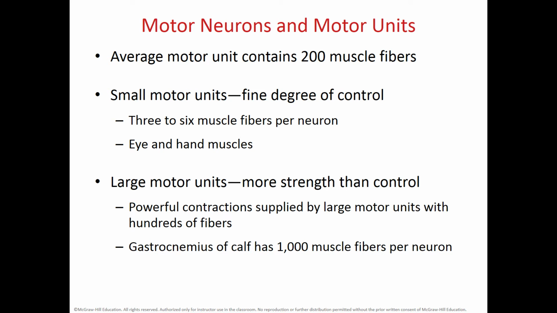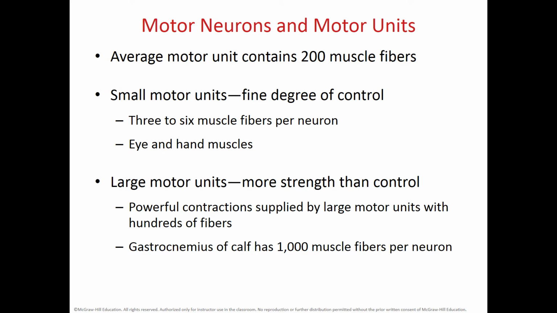So each individual motor neuron will innervate 3 to 6 muscle fibers. And these neurons will have greater control over those muscle fibers. And these will be located in areas of the body where we produce fine control, like our hand muscles or the muscles of our eyes.